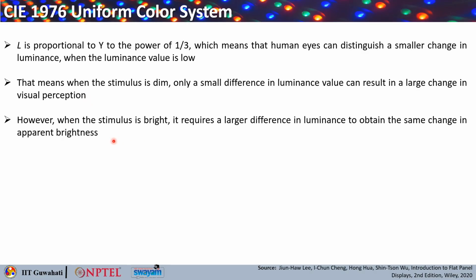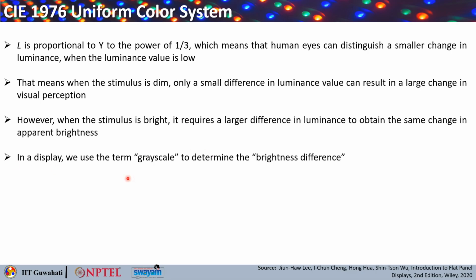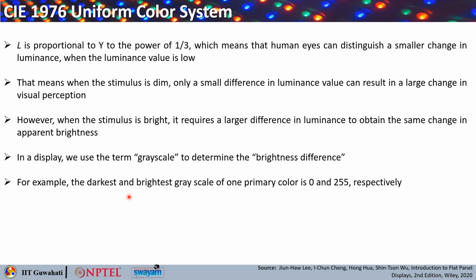When the stimulus is bright, it requires a large difference in luminance to obtain the same change in apparent brightness. In a display, we use the term grayscale to determine the difference between brightness levels. For example, the darkest and the brightest grayscale of one primary color are 0 and 255 respectively.